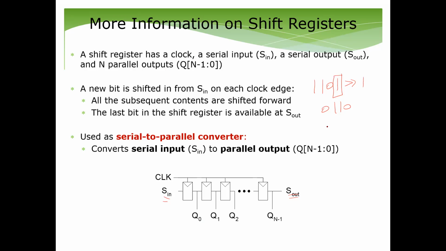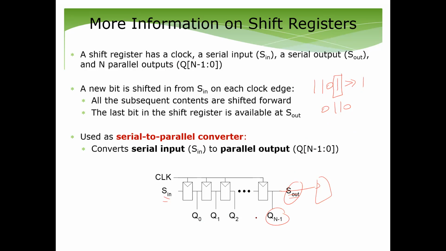This bit here was thrown away. If serial out here is going to another special flip-flop, I can catch this bit by adding this flip-flop here. Anyway, serial out is just equal to the last bit in your shift register. This is for a shift right.